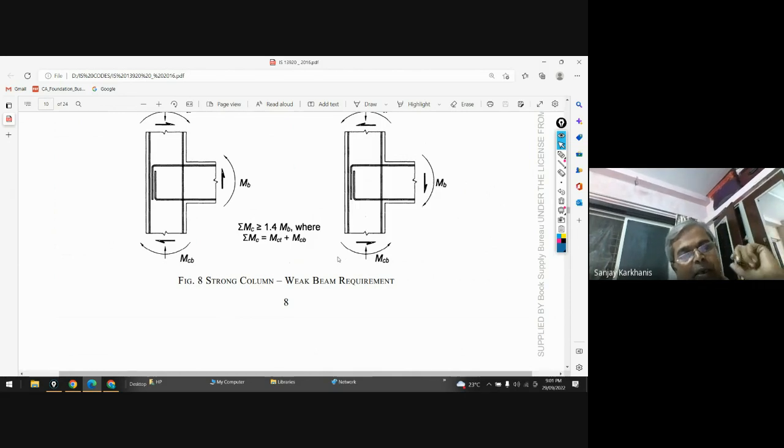We are saying that when I am comparing the strength of column with the strength of beam, the beam has lesser strength than the column. That means if the plastic hinge is going to form, it will form first in the beam, it will not form first in the column. Clear?